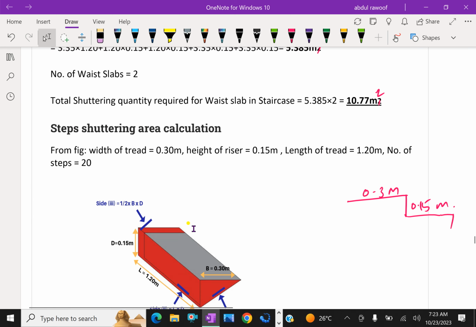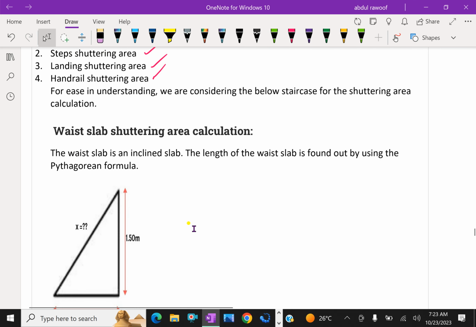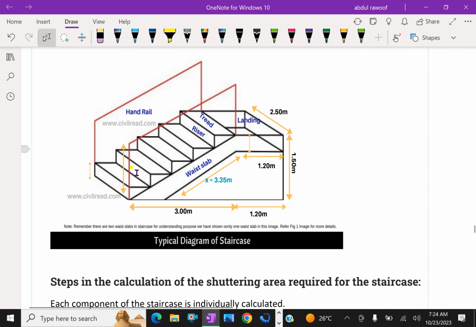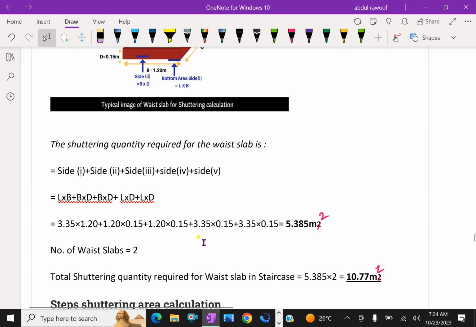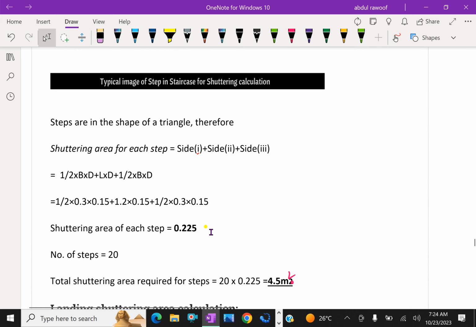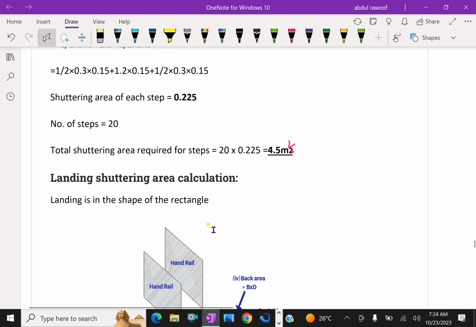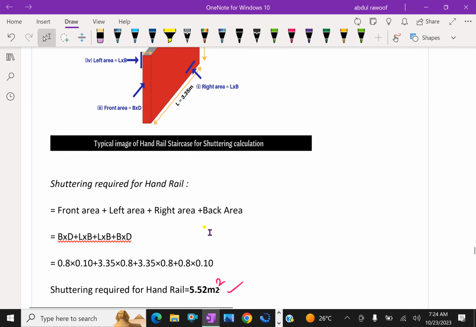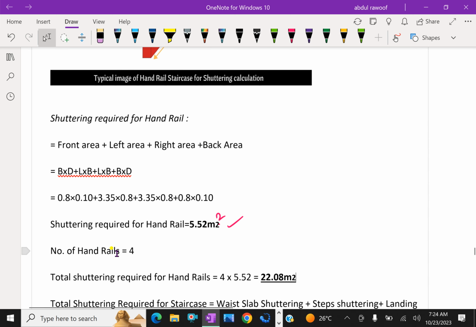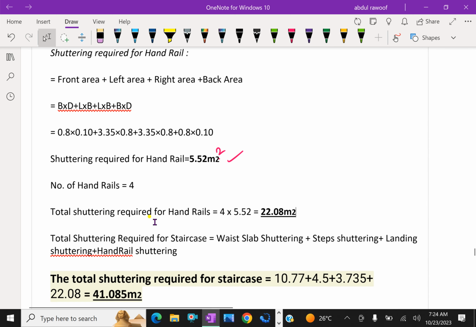Number of handrails is 4, because look at here, for this there are 2, 1 and 2, and going up further another 1 and 2. 4 handrails. So we have to multiply this area by 4. Therefore, total shuttering required for handrail is 22.08 meters square.